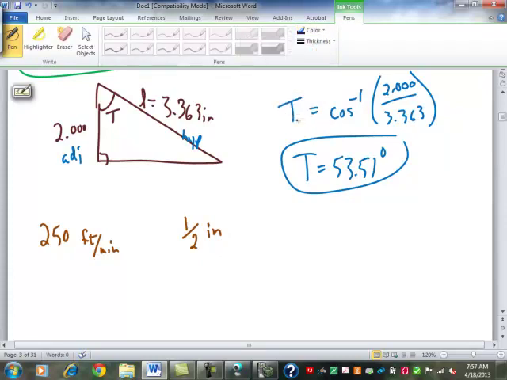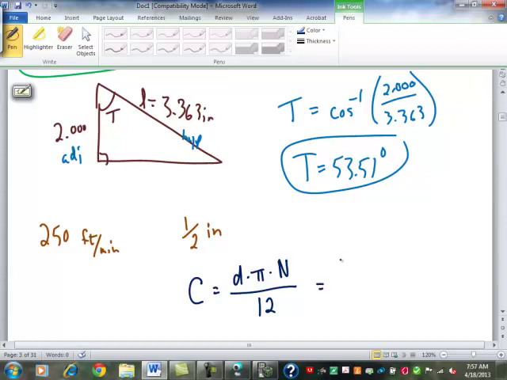Do you guys remember the formula? C, which is your surface cutting speed, is equal to the diameter of the bit times pi times RPM, which we sometimes call N, divided by 12.